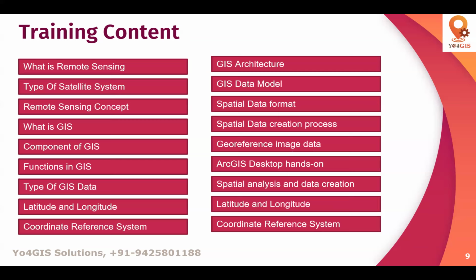What is latitude and longitude? Because in GIS, without latitude and longitude, nothing is there. What are the different types of coordinate reference systems, and what is the use of a coordinate reference system? How many types of GIS architectures are available?